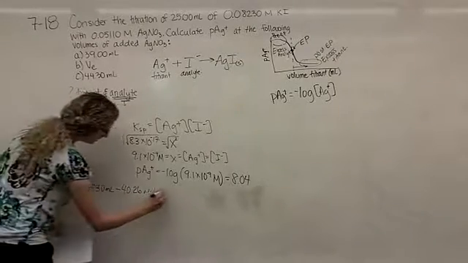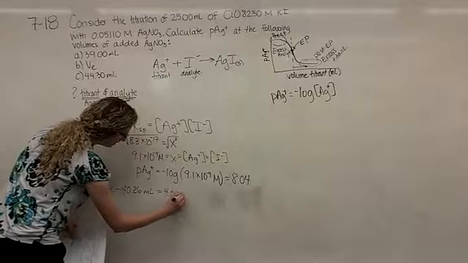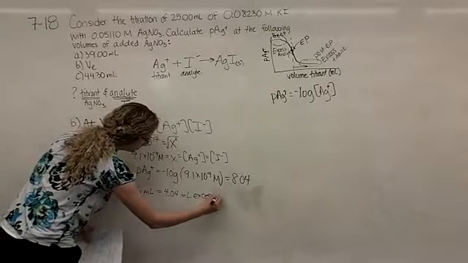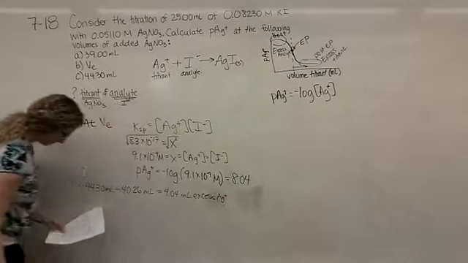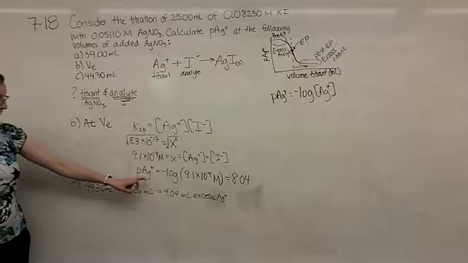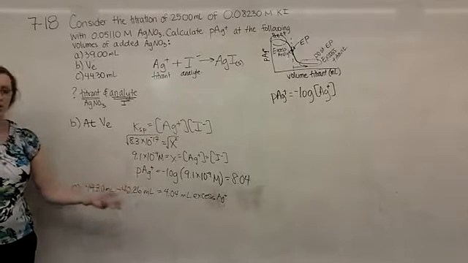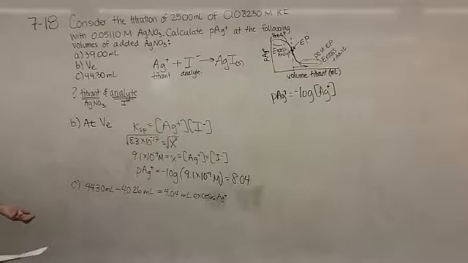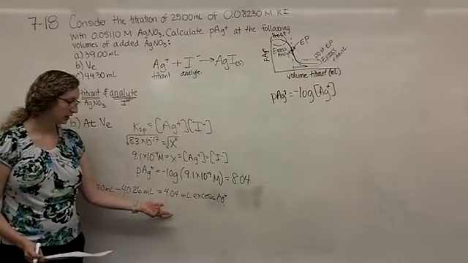And the volume there is 4.04 milliliters. This is excess silver. Now, to be able to plug it into our equation here, we need to get it into molarity. So we need to get this to molarity.